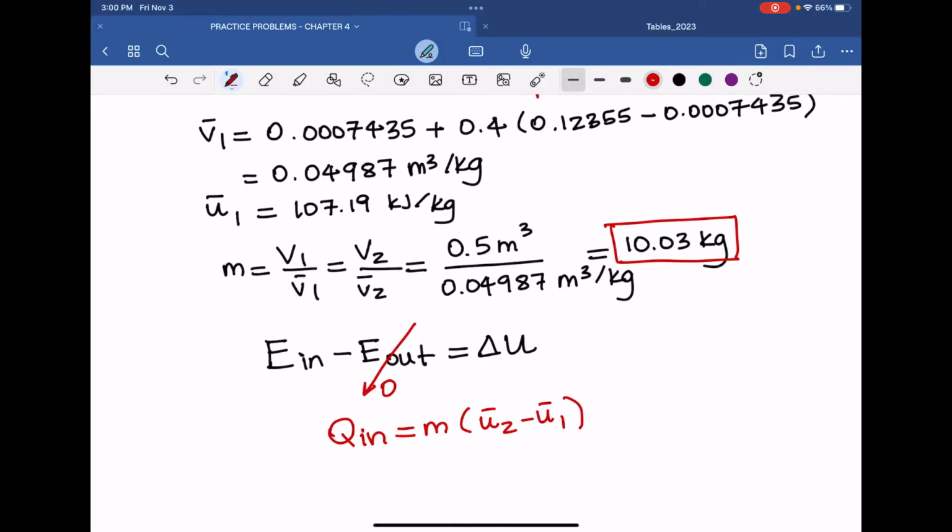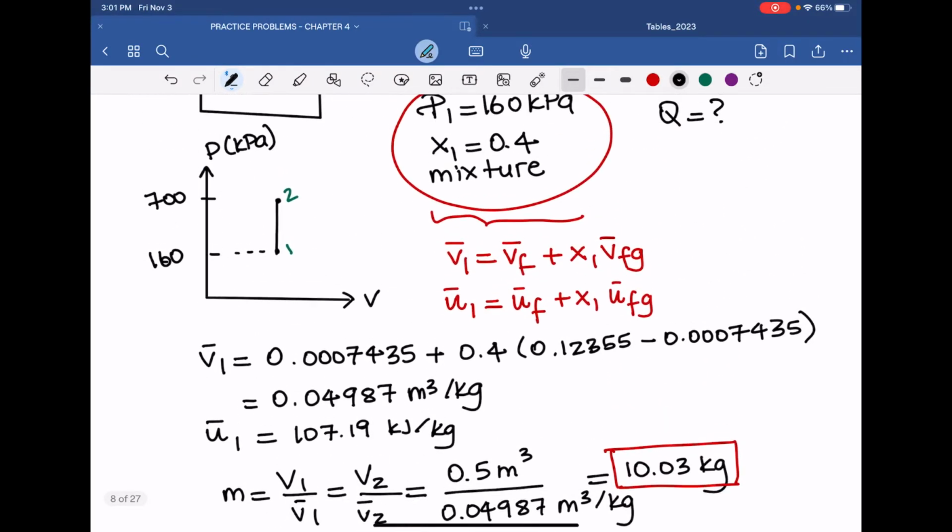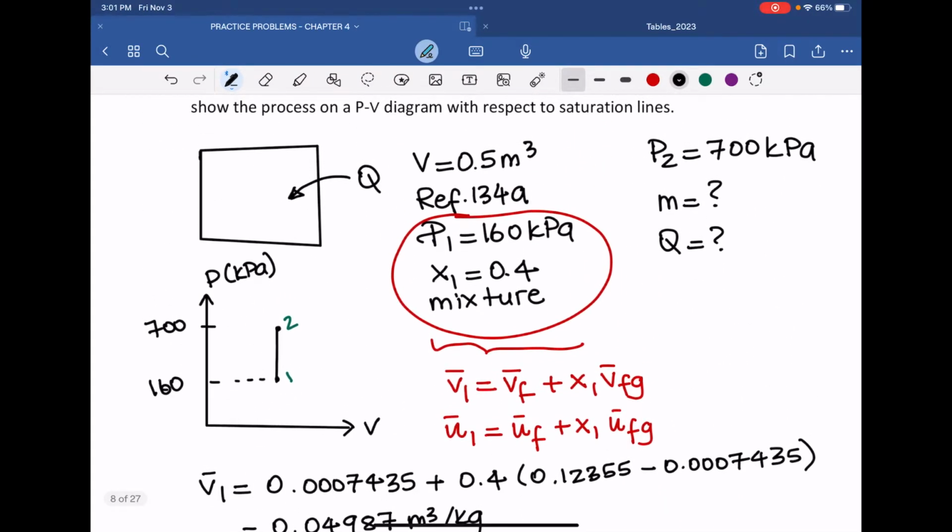Well, looking at this right now, I'm trying to figure this out. I figured this mass, I know what U1 is, but we forgot to figure out U2. And how can we do that? So we need to know state 2 properties. Looking at it, the only thing that is directly given to me is the pressure, which is 700 kilopascal.